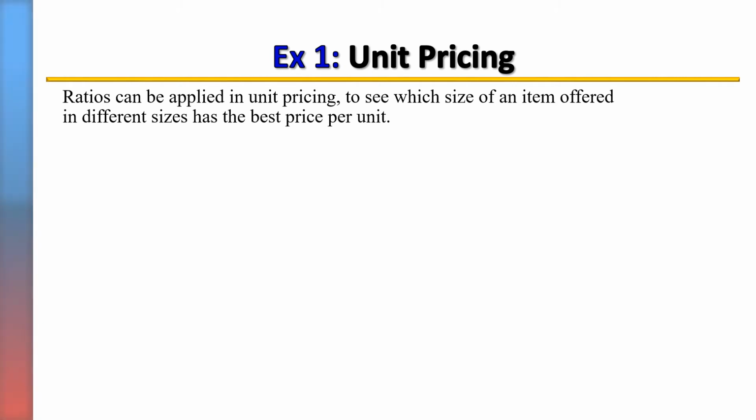Ratios can be applied in unit pricing to see which size of an item offered in different sizes has the best price per unit. Now, this is something you actually do a lot when you go to the grocery store and just may not realize it. You may see a product, and they have it in various sizes, and you may wonder, well, which one is a better buy?